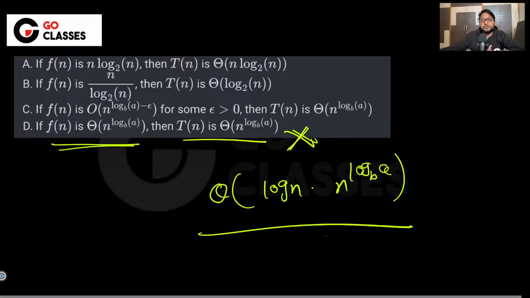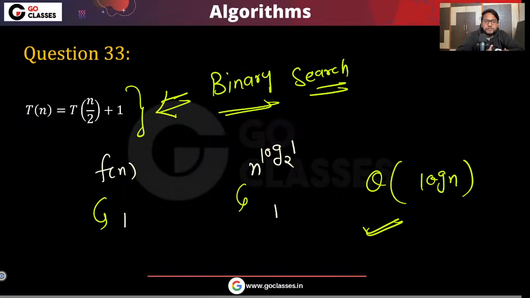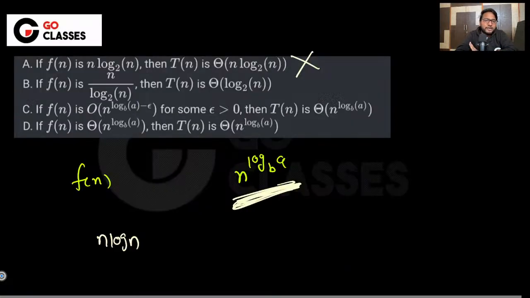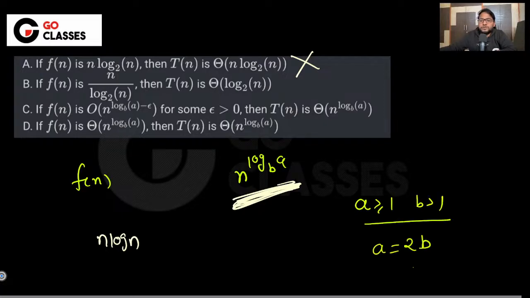Okay, I hope you understood. So basically, they have asked a very nice question, I think, in GATE 2021 or 22. This is a very nice question, but I hope you are able to solve this, right? So A and B are straight away rejected because it will depend on the relation between a and b. A is greater than equal to 1, b is greater than 1. This is not telling whether a is 2 times b or 3 times b or something like that, right?